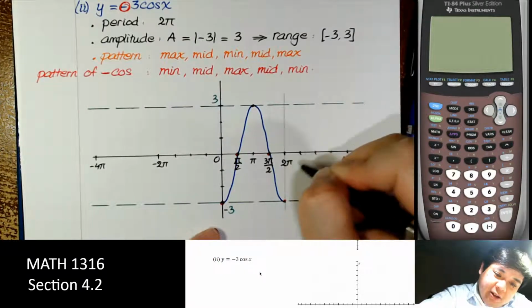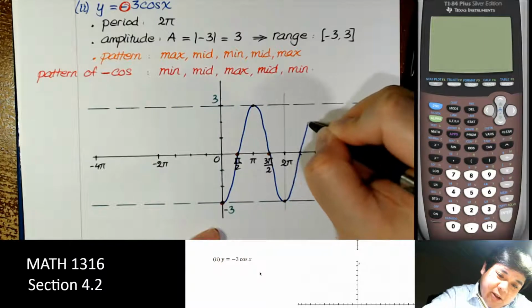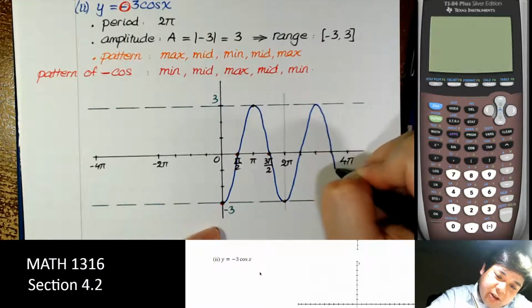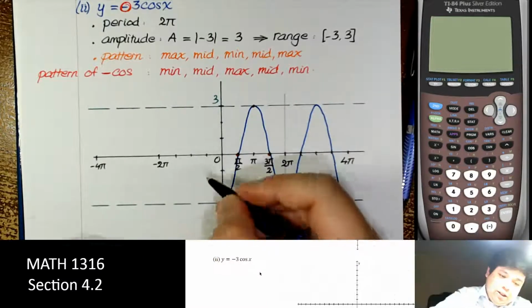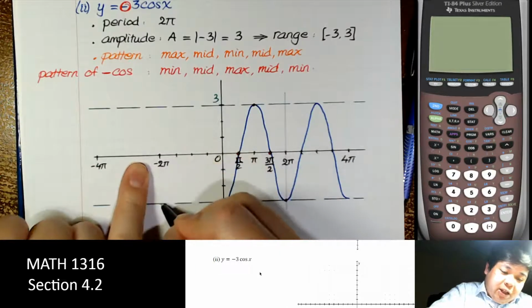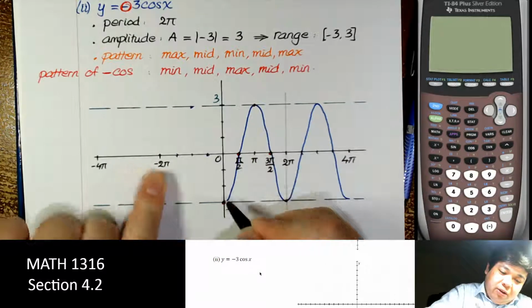Middle, min, middle, max, back to middle, go to minimum. Right, for every period, start from the minimum, middle, max, middle, min.